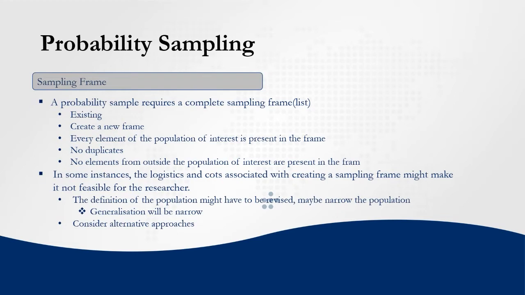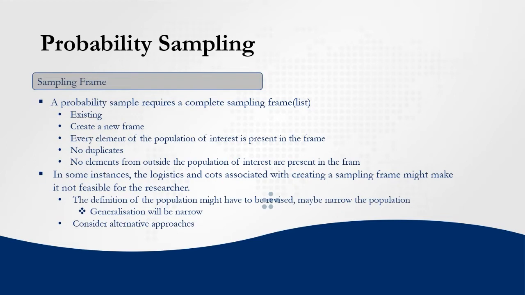So maybe you make the population narrow instead of looking at a province. Maybe the data at a provincial level is not reliable, but they tell you that certain districts actually update their data quite regularly. So maybe you exclude other areas where you know there are no regular updates and you stick to the ones where the lists are updated regularly.